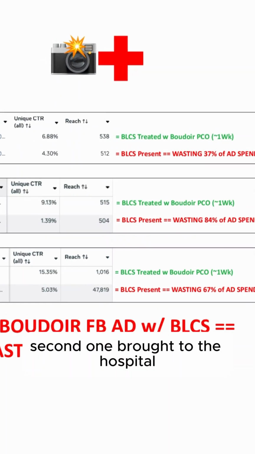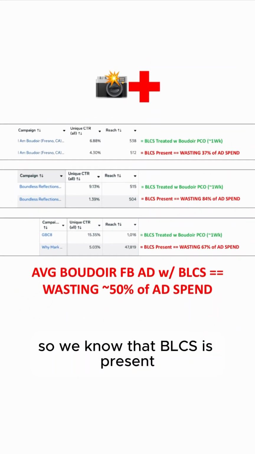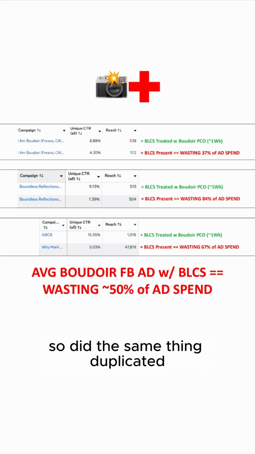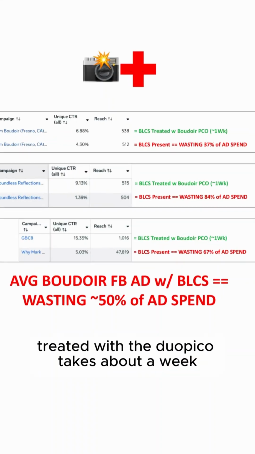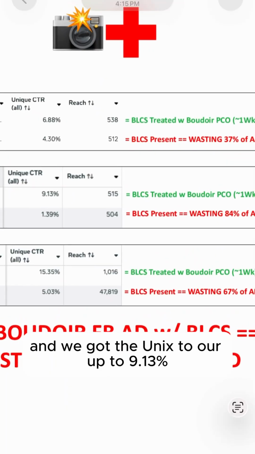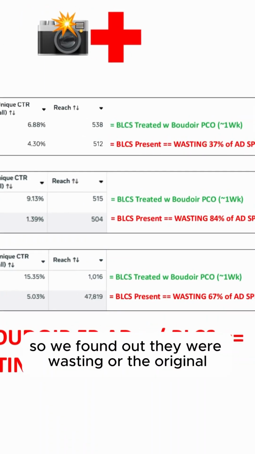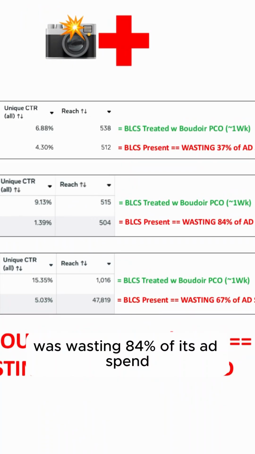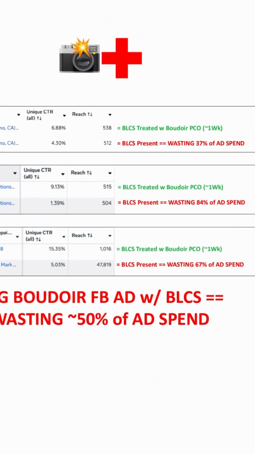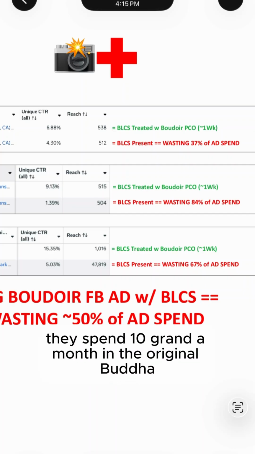Second one, we brought it to the hospital and tested it: unique CTR 1.39%, so we know BLCS is present. We did the same thing, duplicated it and treated it with Boudoir Pico. It takes about a week, and we got the unique CTR up to 9.13%. So we found out the original was wasting 84% of its ad spend. They spend 10 grand a month on the original Boudoir Facebook ad.